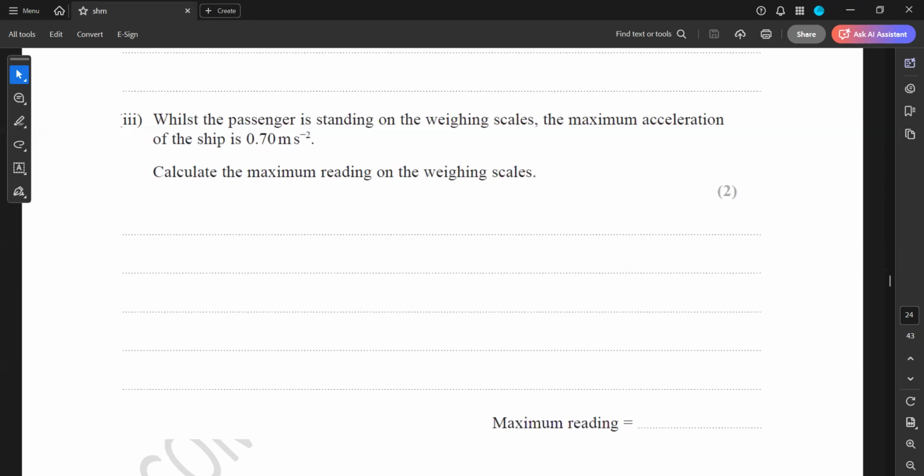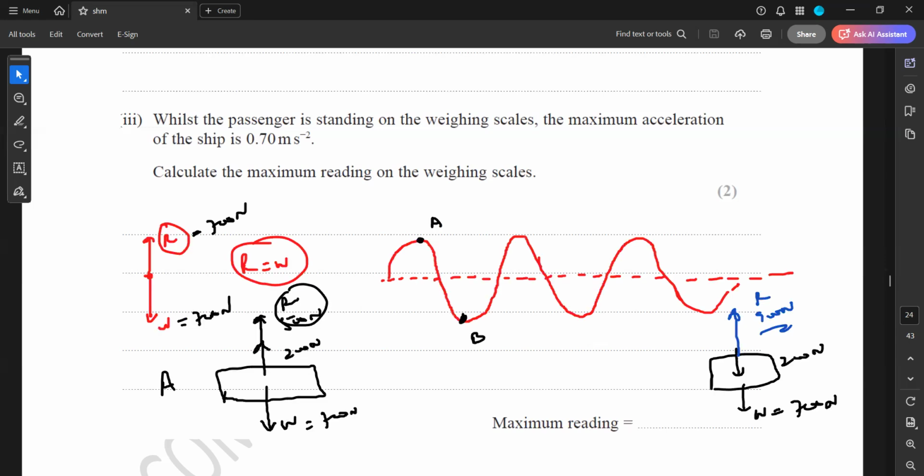So if I sketch the position, here I will have a maximum reading on the balance, and at this point I will have a minimum reading on the balance. So if I write the expression, weight is acting downward, normal contact force is acting upward. Which force should be greater to cause a greater downward acceleration?